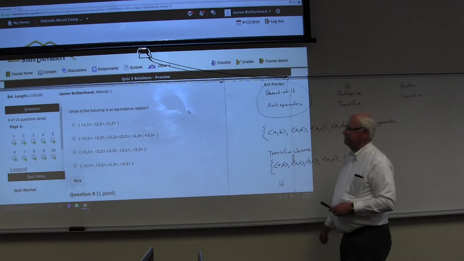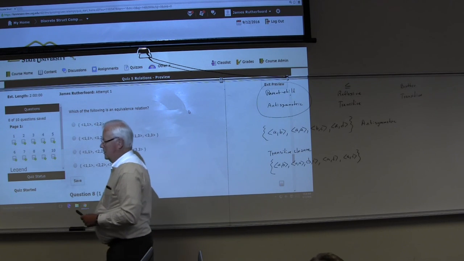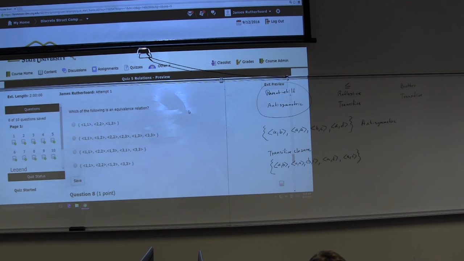Equivalence relation. Now, an equivalence relation is named after the equal sign. So when we think about equal, is the relationship equal reflexive? Yes, because every number is equal to itself, isn't it? Okay. Is it symmetric?